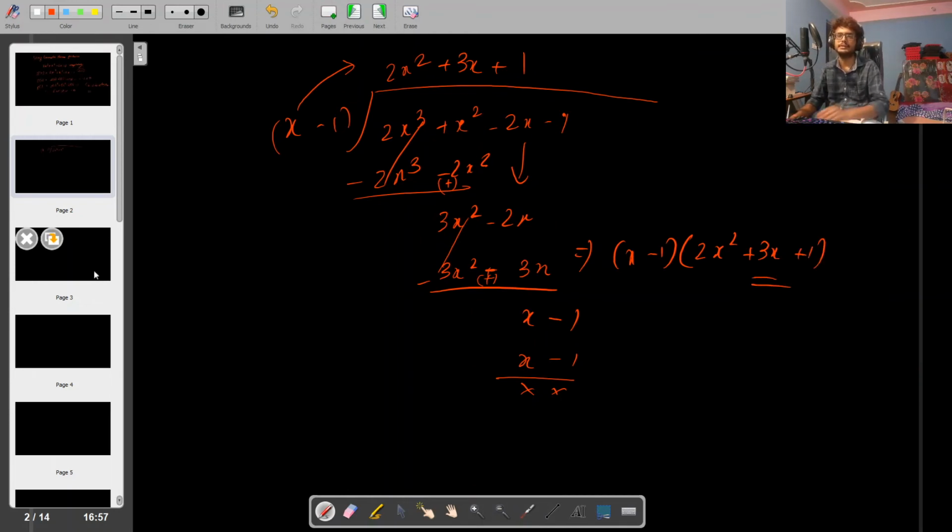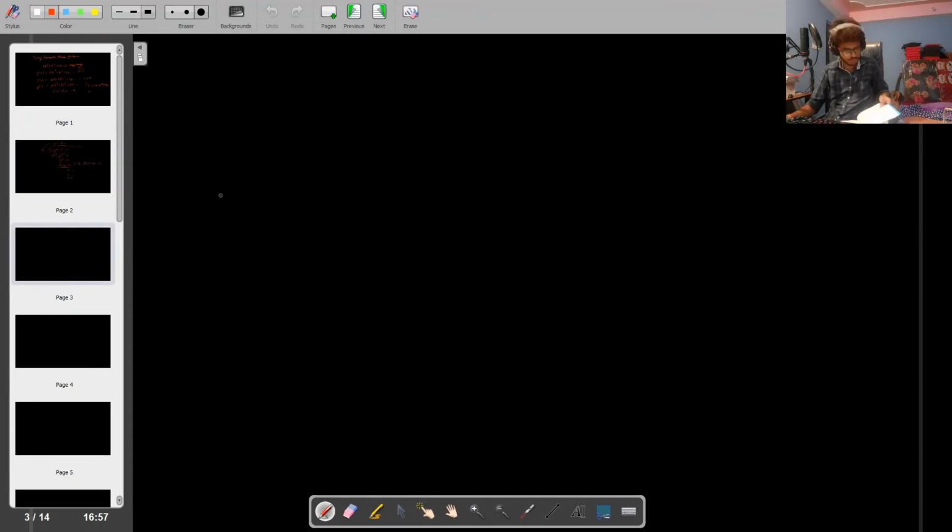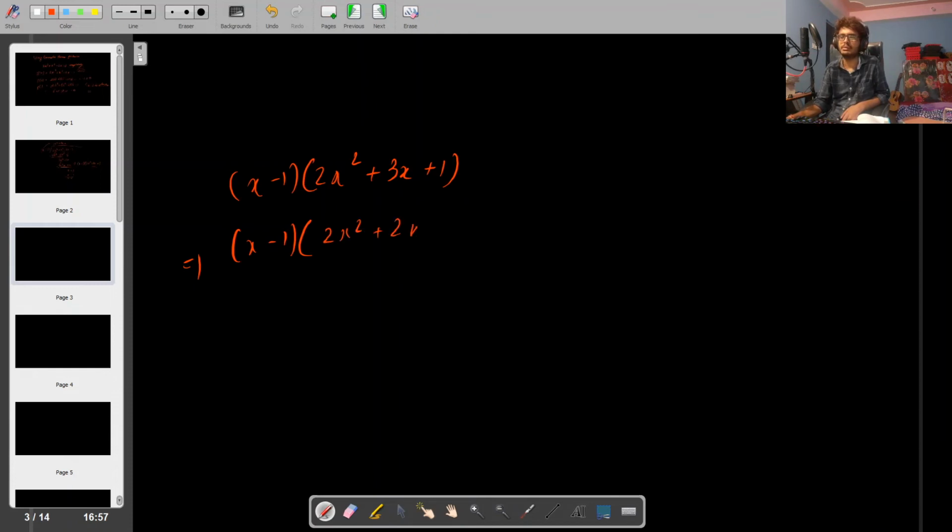Now you need to simplify this. What is the expression? x minus 1 into 2x square plus 3x plus 1. Now you can do the middle term breaking again: 2x square plus 2x plus x plus 1.